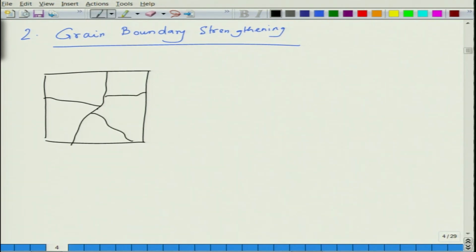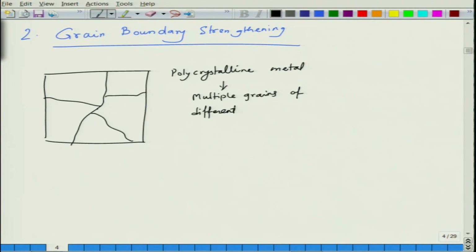So, this is a polycrystalline metal, which means it will have multiple grains of different orientation with respect to each other.